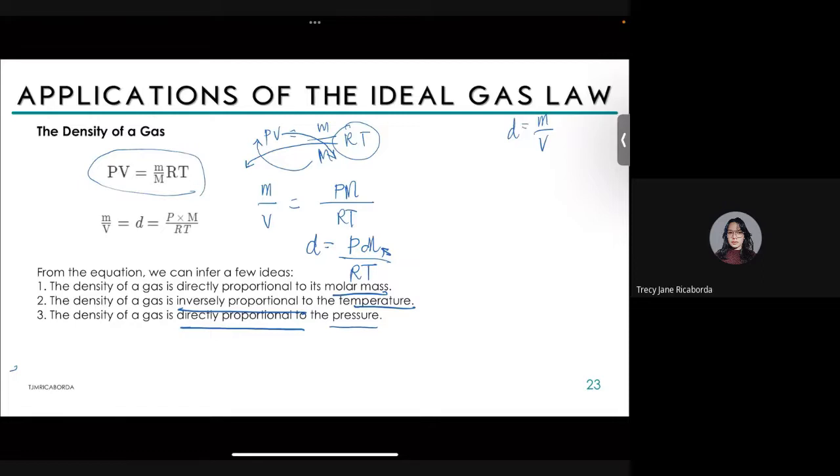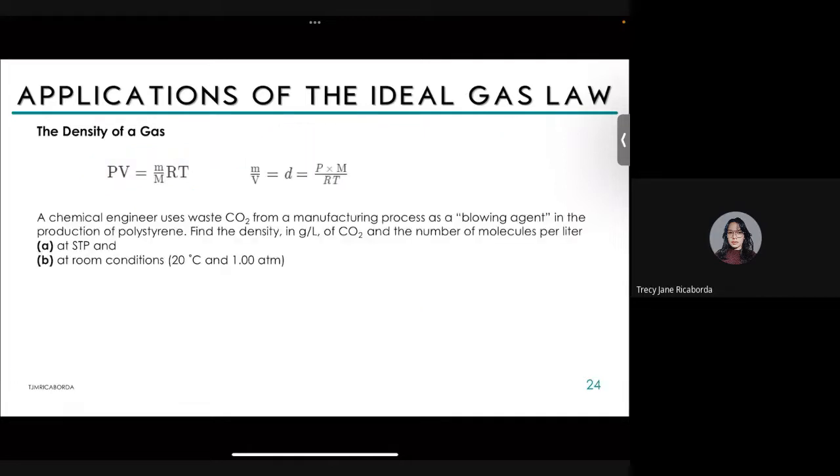Now, let's look at problems that involve calculation for density of a gas. A chemical engineer uses waste carbon dioxide from a manufacturing process as a blowing agent in the production of polystyrene. Polystyrene is your styrofoam.